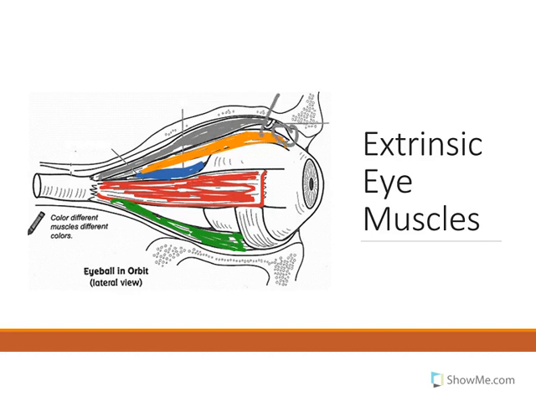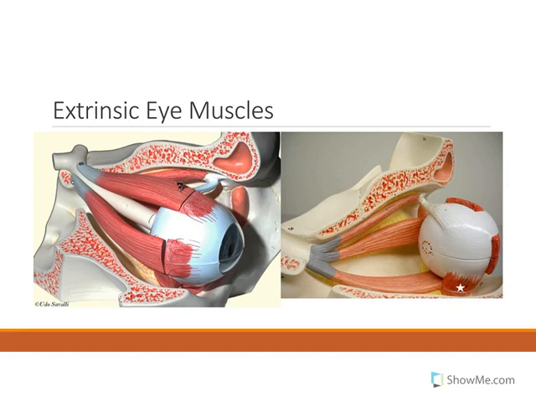And this structure right there is called the trochlea. It's a pulley. In black, I'm going to do the inferior oblique. It attaches to the undersurface of the eye. Okay, so those are your 6 extrinsic eye muscles that are involved in movements of the eye.